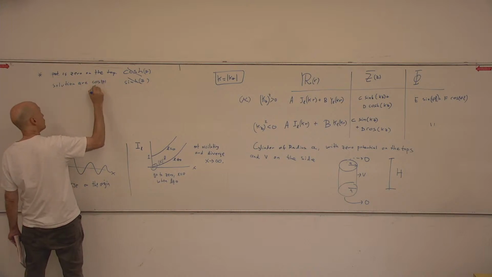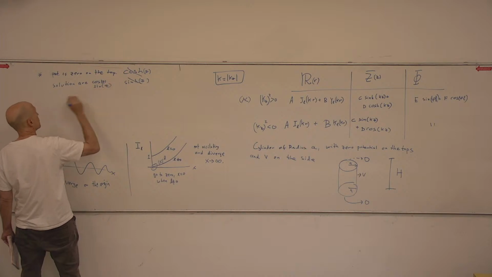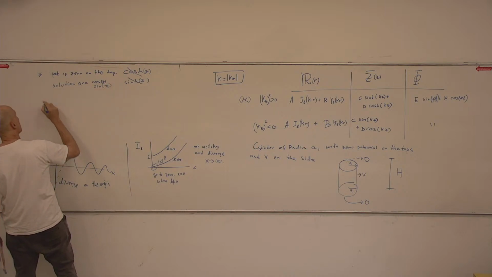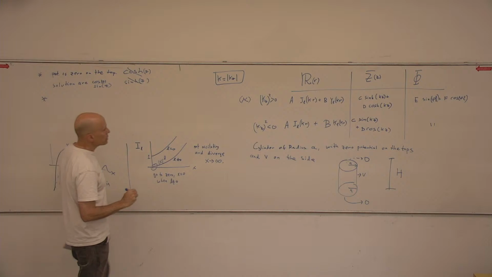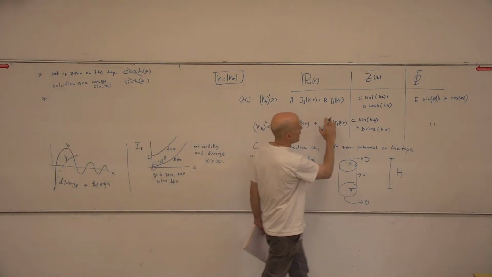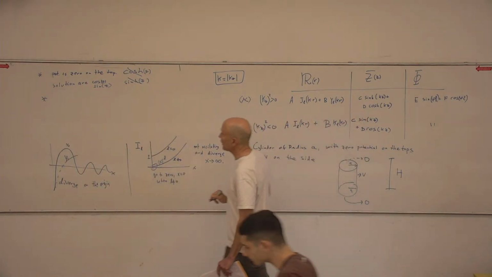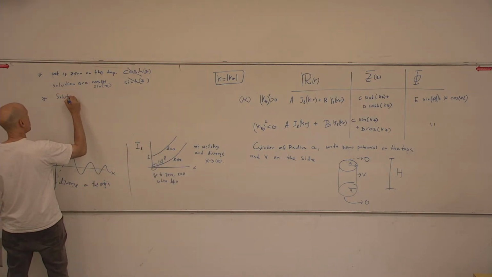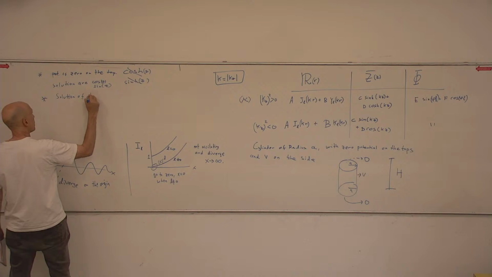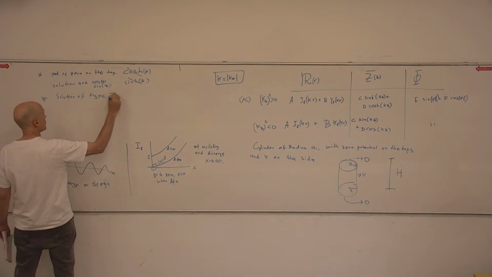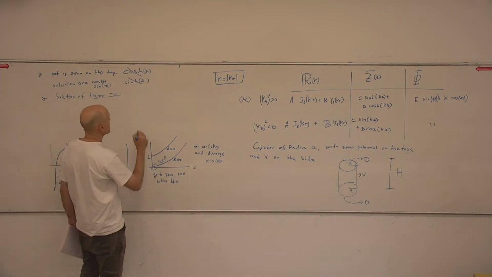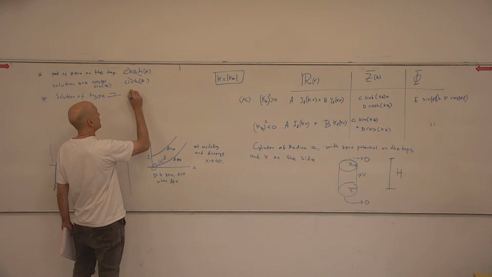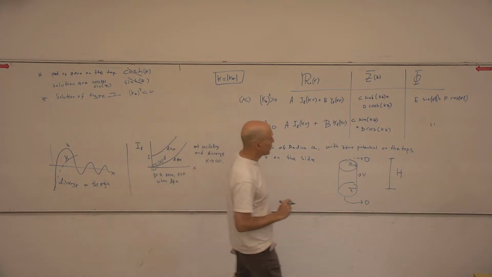I'm not writing everything. What does this mean? As I mentioned, this means we have a solution of type B, that is kz squared is less than 0. We selected one of them.